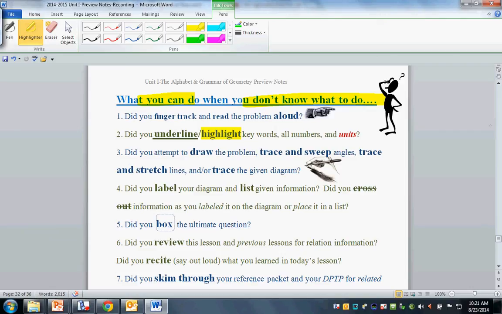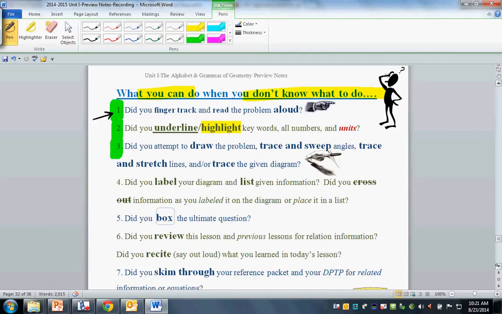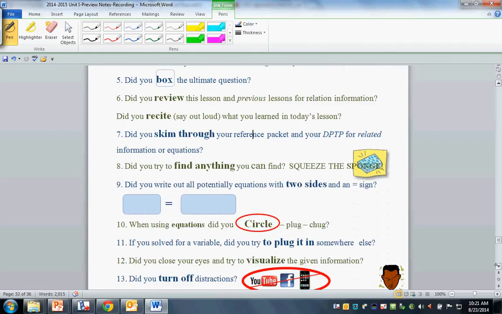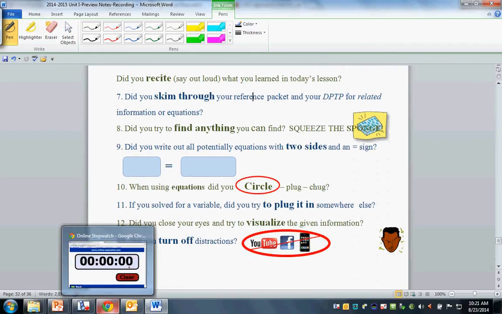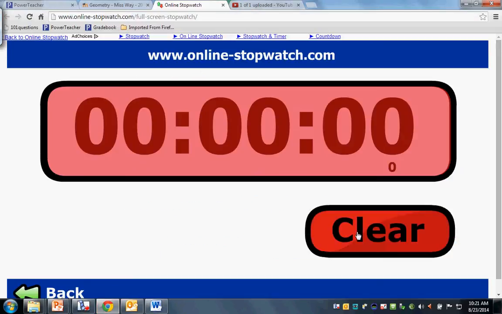Okay? So you're going to read through this list. I'm going to set the timer. I'd like you to physically finger track and read each of these points out loud. Please do this. There's nobody watching you, but you're going to do it because I'm your great teacher and you're my great and honest student. So put your finger on number 1, and read 1 through 13 out loud to yourself in the next minute. Ready? Go.